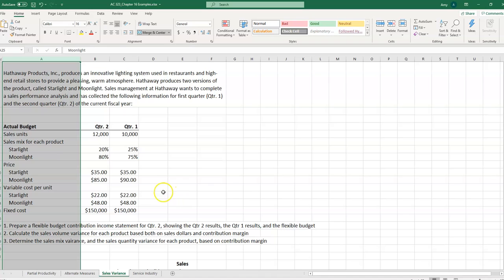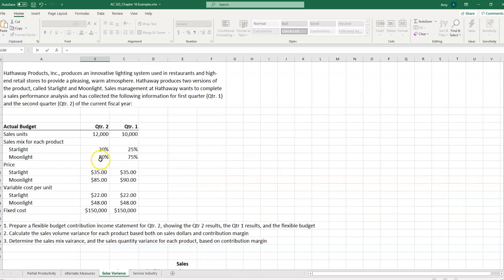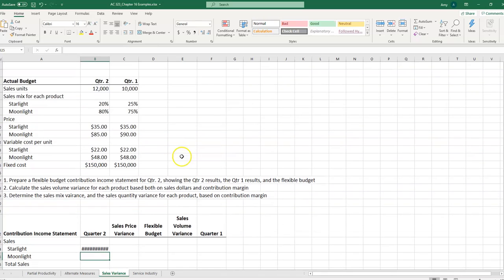So first we're going to build our Q2 statement. When we're trying to determine what the sales dollars are, we would take the number of units sold times their percentage of the sales mix times the price that we have for that unit.